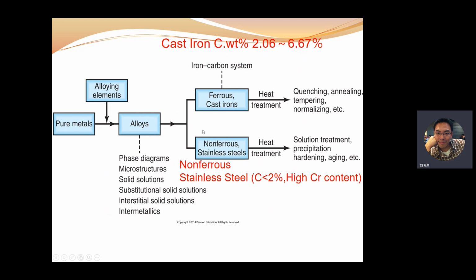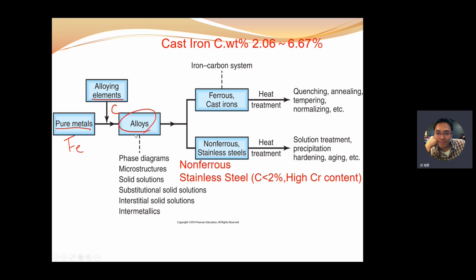Okay, so let's look at the process of making an alloy. Initially we have the pure metal, in our case iron, and the alloying element is added, in this case carbon atoms, to form the alloy.